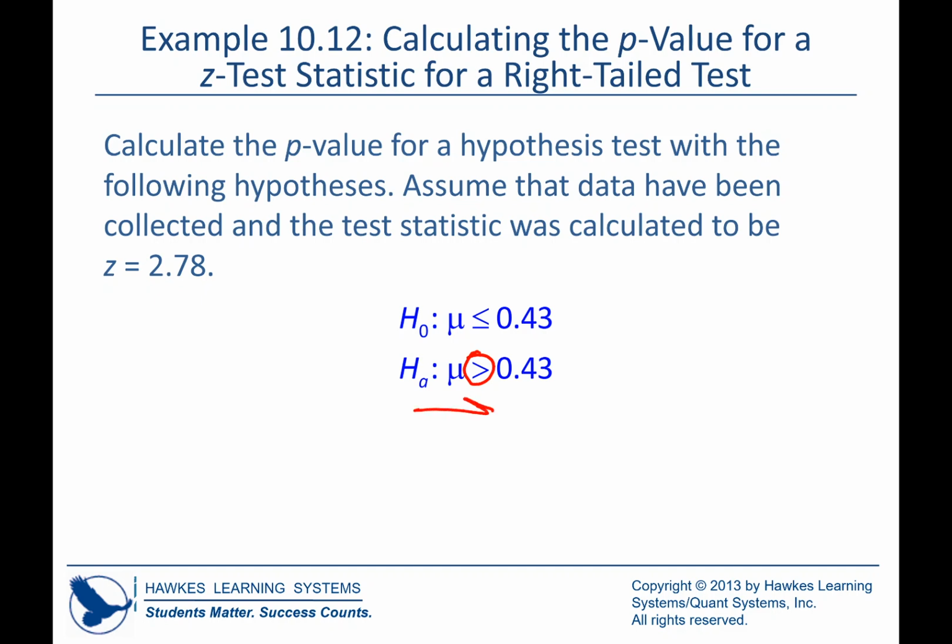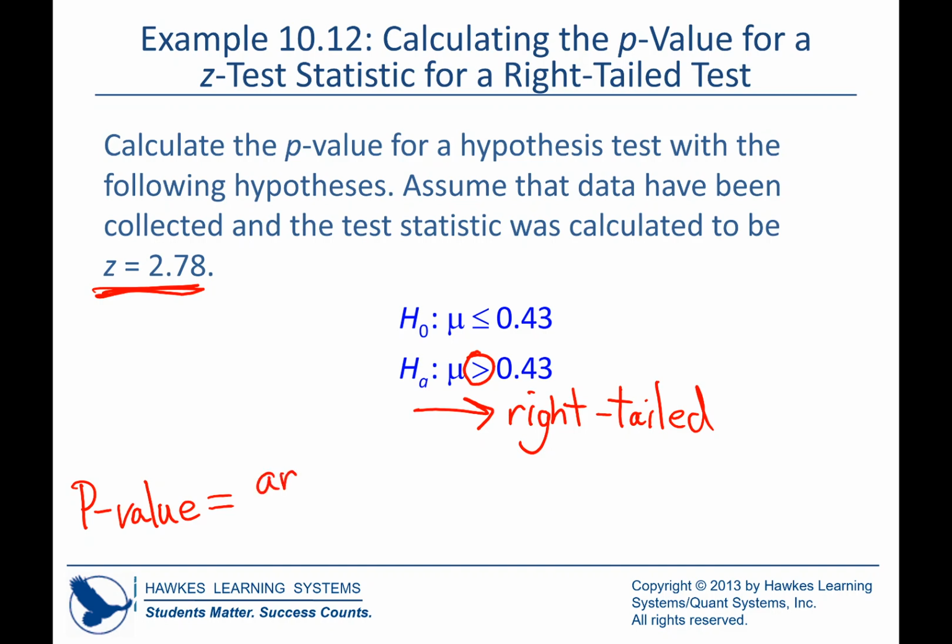This one points to the right, so it's right-tailed. Our test statistic is 2.78. So guess what area we want for our p-value? We want the area to the right this time because it's a right-tailed test. We want the area to the right of 2.78.